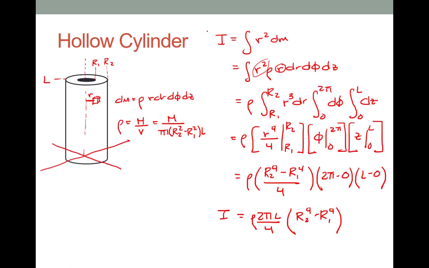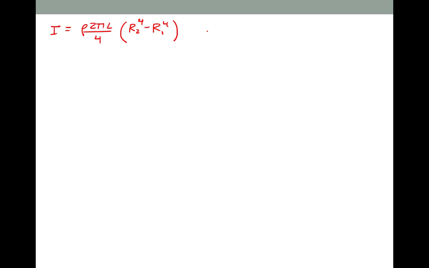Rho times 2 pi L over 4, times the radii to the fourth subtracted. Okay. Now I'm going to plug in the density. Density was mass divided by pi times R2 squared minus R1 squared times L. I still have my 2 pi L over 4, and I still have my R2 to the fourth minus R1 to the fourth.